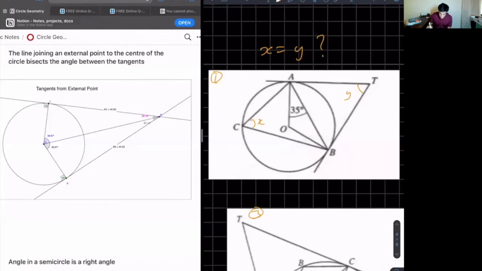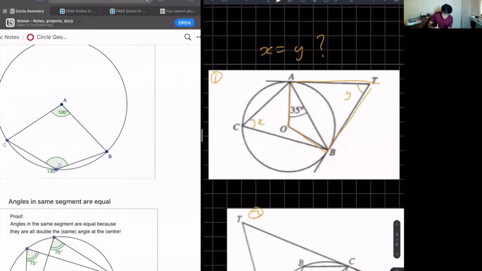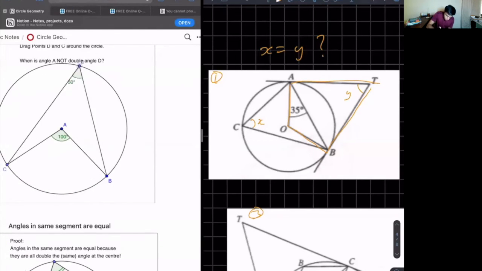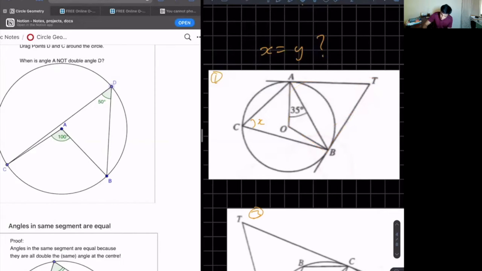So the first thing we learned from this shape here, where's the relationship of 2x? The 2x relationship is down here. It's only for an angle at the center and an angle at the circumference, right? At the circumference. This point over here, on the right side, this point here is not at the circumference, okay?